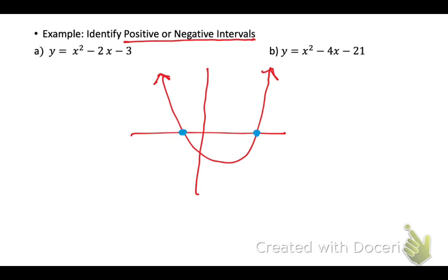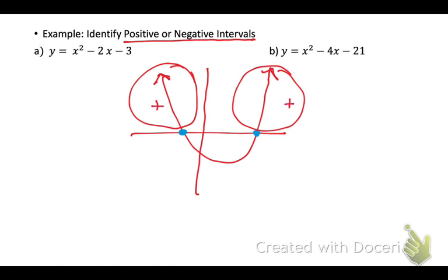Everyone following? So positive means the graph is above. That would be up here, and down here it would be negative.